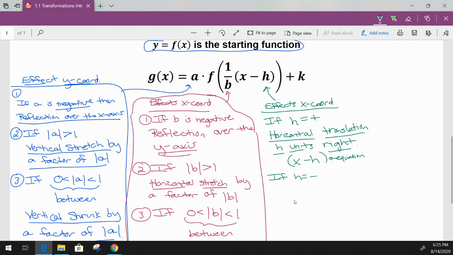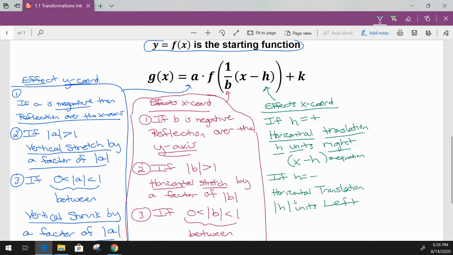So if h is a negative number, then we have a horizontal translation. Now this time we're going to say absolute value of h units left, because you're not going to say that it moves -3 units left. You're going to say it moves 3 units to the left. So the left takes care of the negative when you're describing.